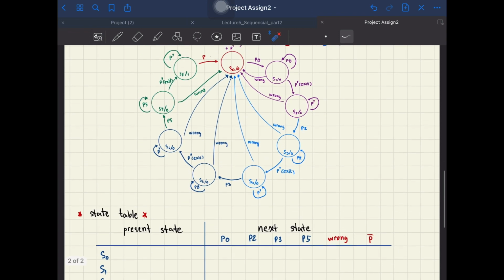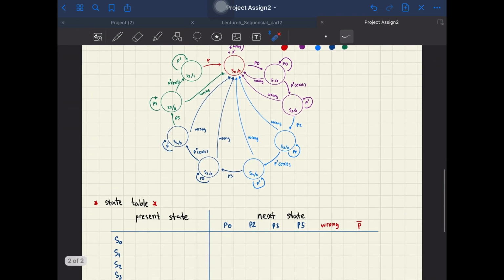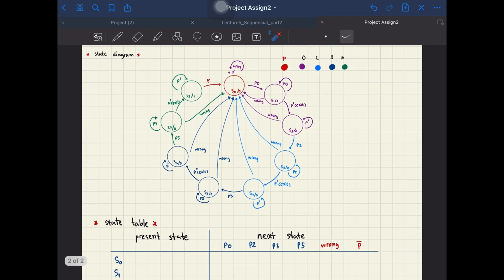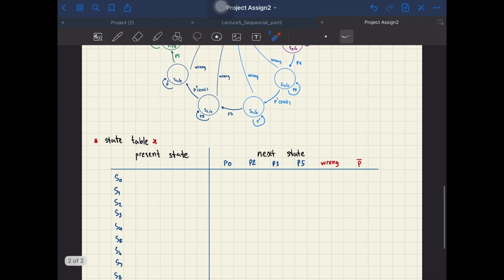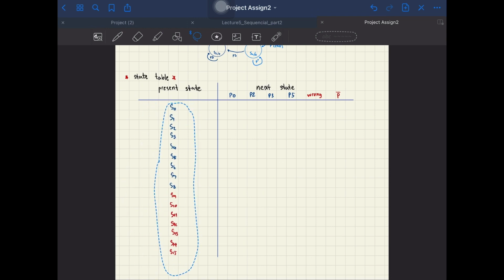So how do we look at the state diagram and change it into a state table? First, we just start in state 0. Oh, sorry, I just rearranged it again for easy checking. Okay.